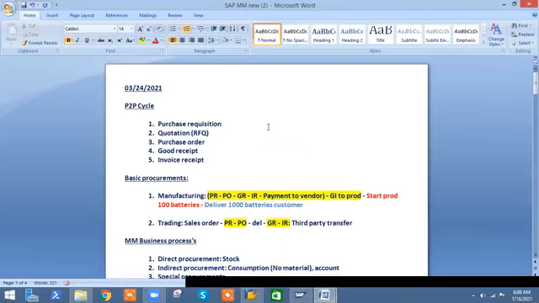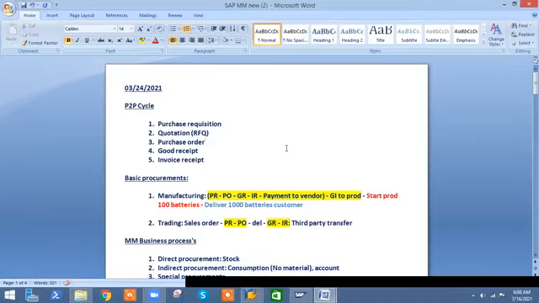From purchase requisition to quotation and then to purchase order, these first three parameters are taken care of by the purchasing team from the business end, for which as an SAP MM consultant you have to give them support and services if they face any issue while doing the procurement.